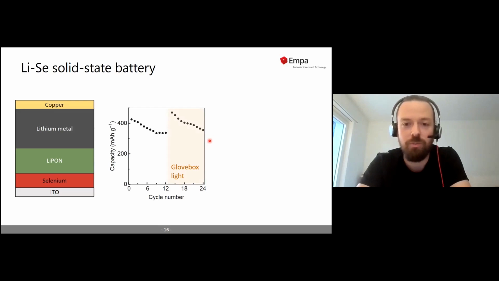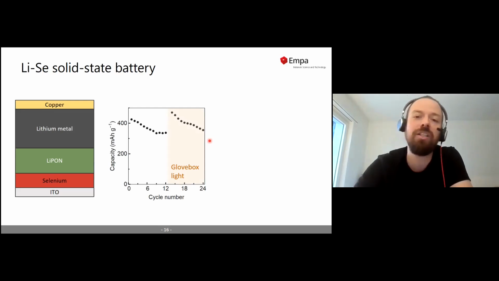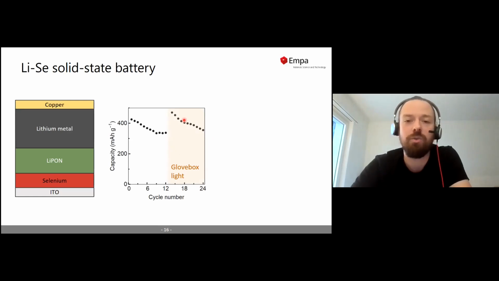Before, it was completely in the dark. And here, this is even only glove box light. And you see that this glove box light strongly influences the charge and discharge of this battery. And that's why you also see this is already on top of ITO, which is not really a typical material used in batteries, but more in solar cells.